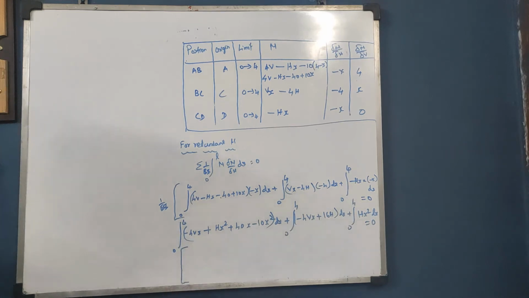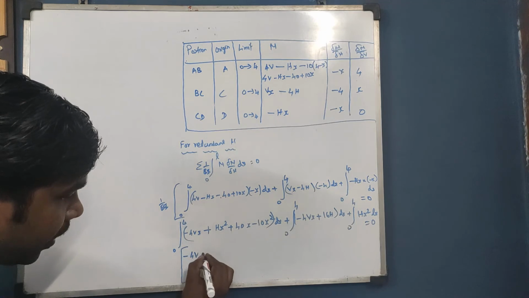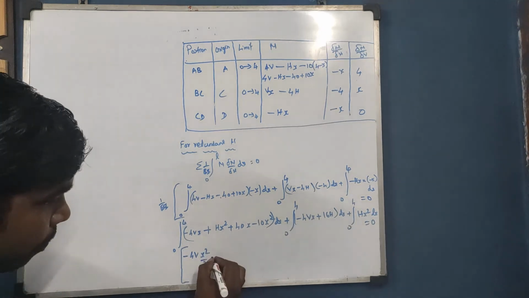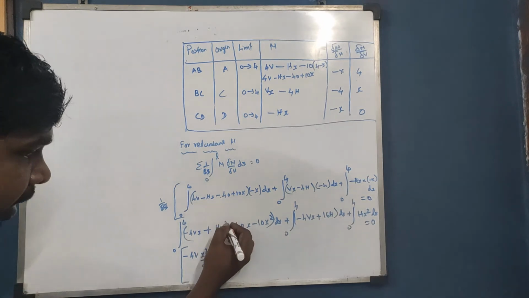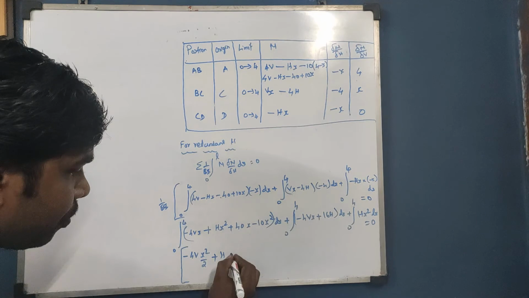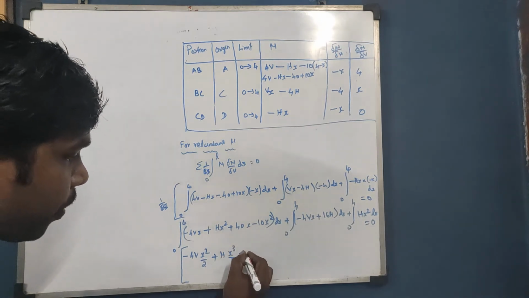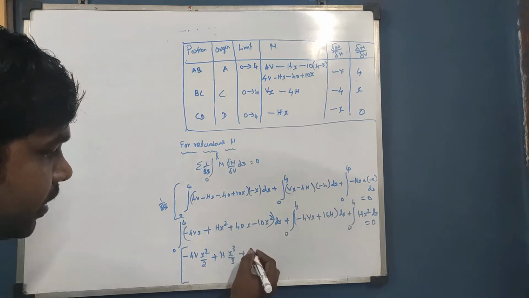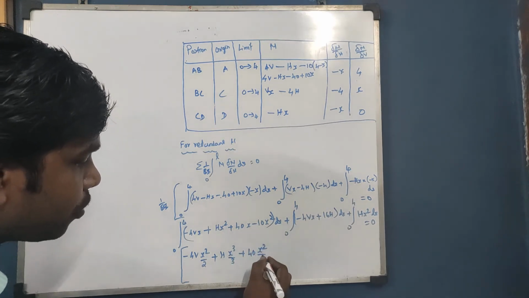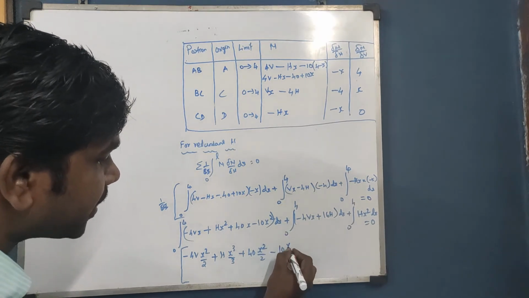Now, integration of X is X square by 2. Therefore, minus 4V X square by 2, plus integration of X square is X cube by 3, H into X cube by 3, plus integration of X, X square by 2, 40 X square by 2 minus 10 into X cube by 3.